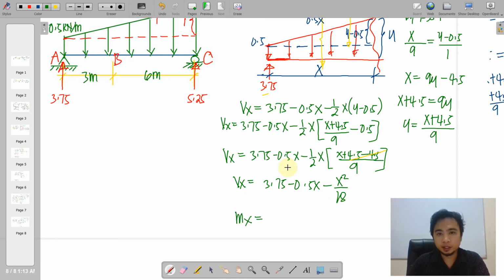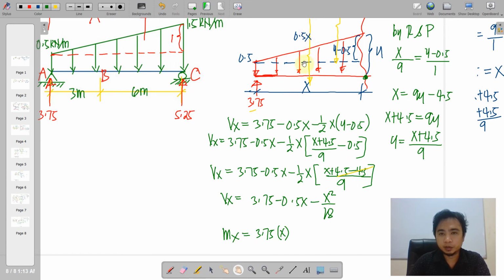We have Mx. So we use this point of reference. So 3.75 is a positive, concave upwards. We multiply it by the moment arm x. Then we have this one, the rectangular force, that is negative 0.5x times the moment arm half of x, that is also 0.5 of x.